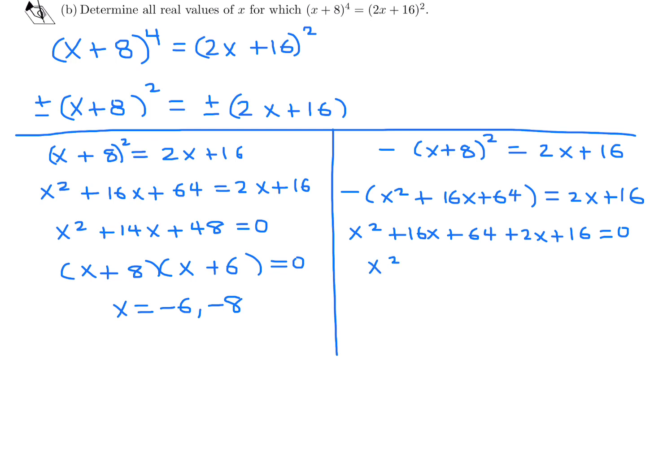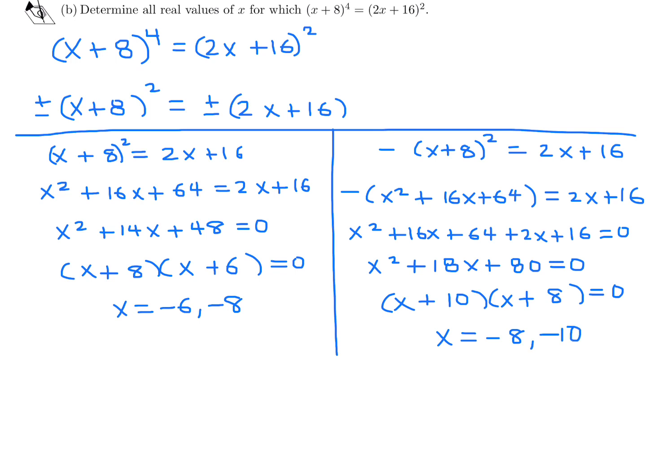Collecting like terms, you get x squared plus 18x plus 80 is equal to 0. And then this can factor into x plus 10 and x plus 8. So x is either -8 or -10.